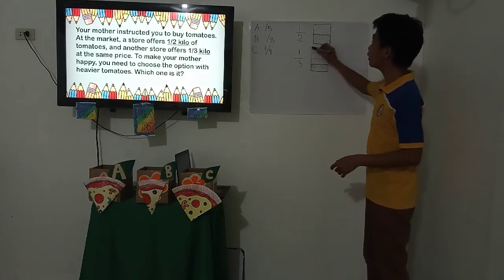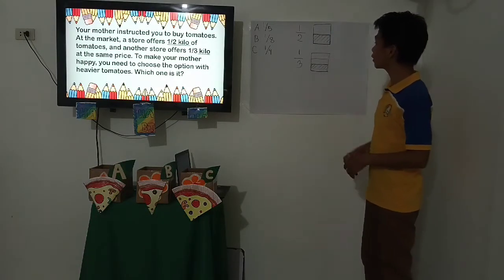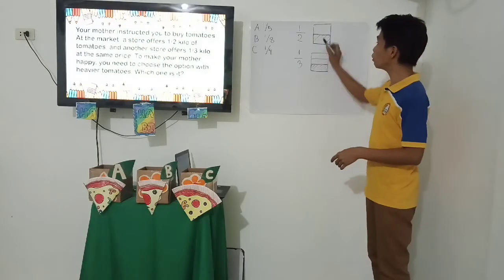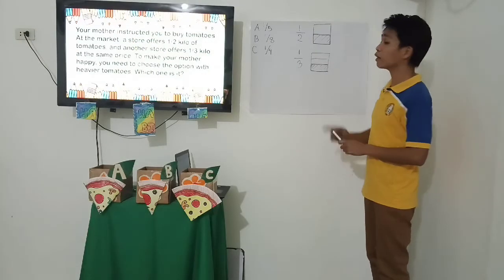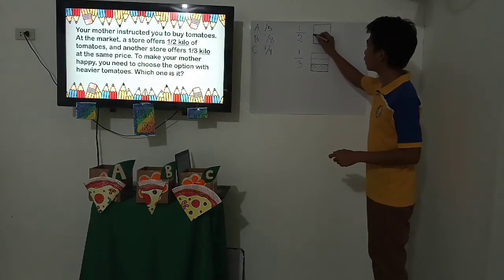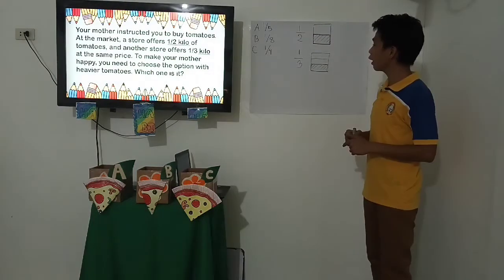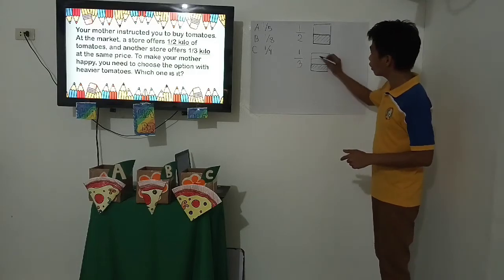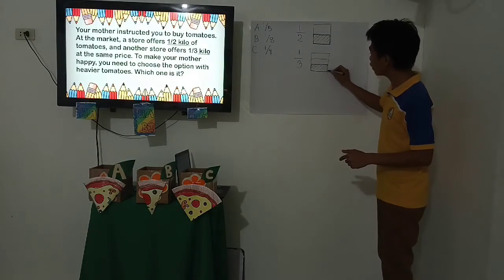If this is a kilo of tomatoes, we will divide it into 2. Okay, and 1/2 kilo of tomatoes looks like this big. And 1/3 kilo looks like this big.